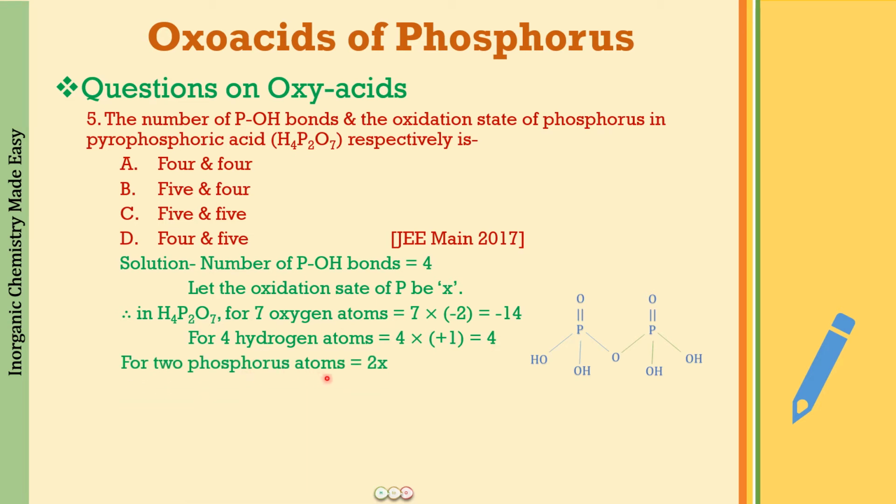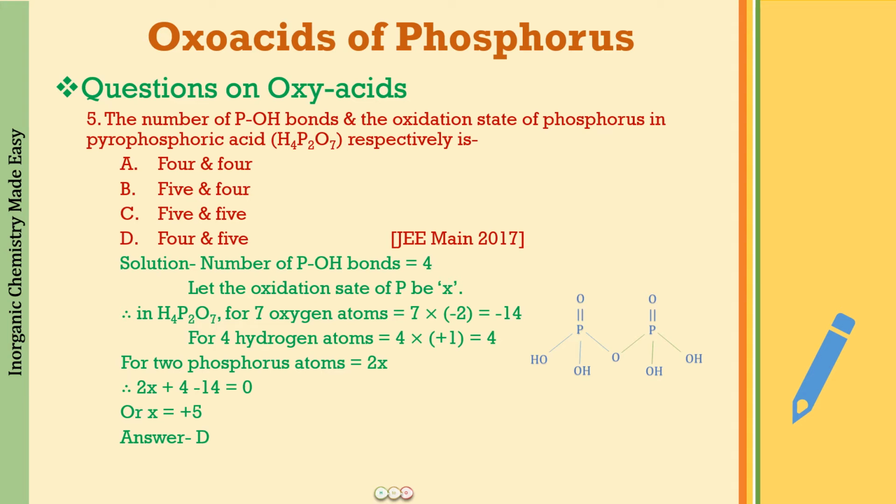For the 2 phosphorus atoms, it will be X into 2, so 2X. And the sum total of all these has to come up to 0 because this is a neutral molecule. Okay, so 2X plus 4 minus 14 is equal to 0, or you can say that X is going to be equal to +5. So in pyrophosphoric acid, we have +5 oxidation state. So the correct option is going to be D option.